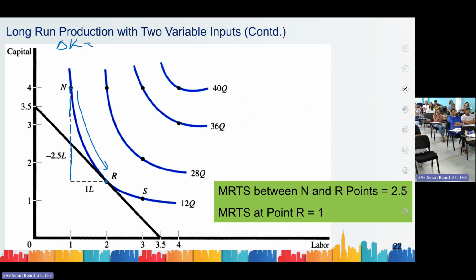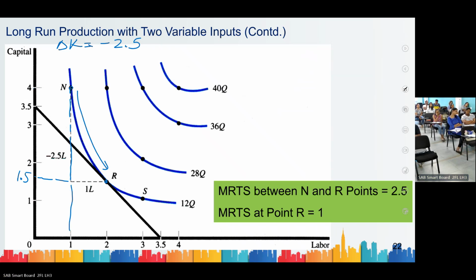From 4 to 1.5. What is the difference? It has decreased by 2.5.